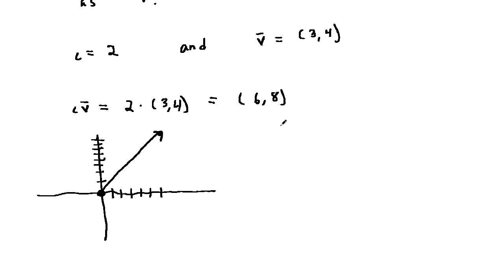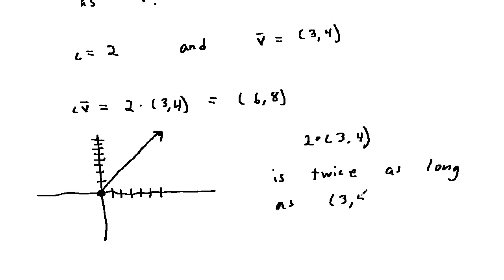Now the length of 2 times 3, 4 is twice as long as the length of just 3, 4.